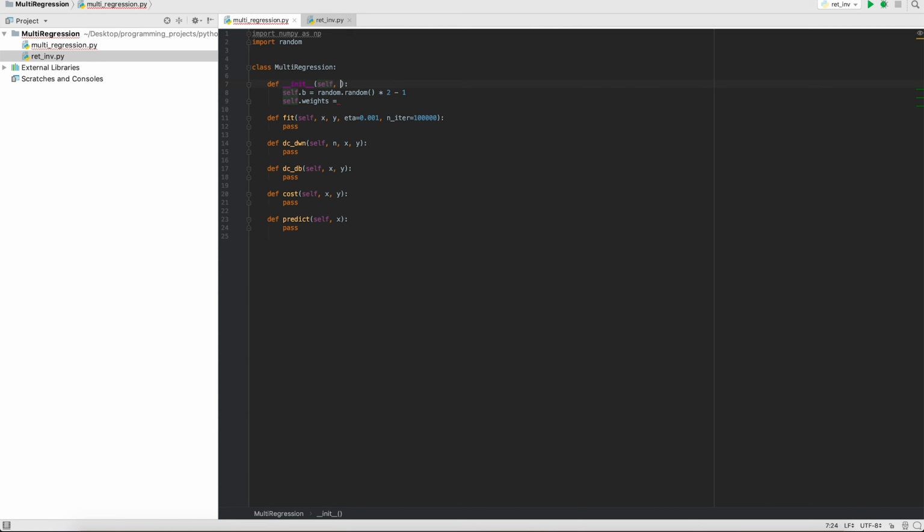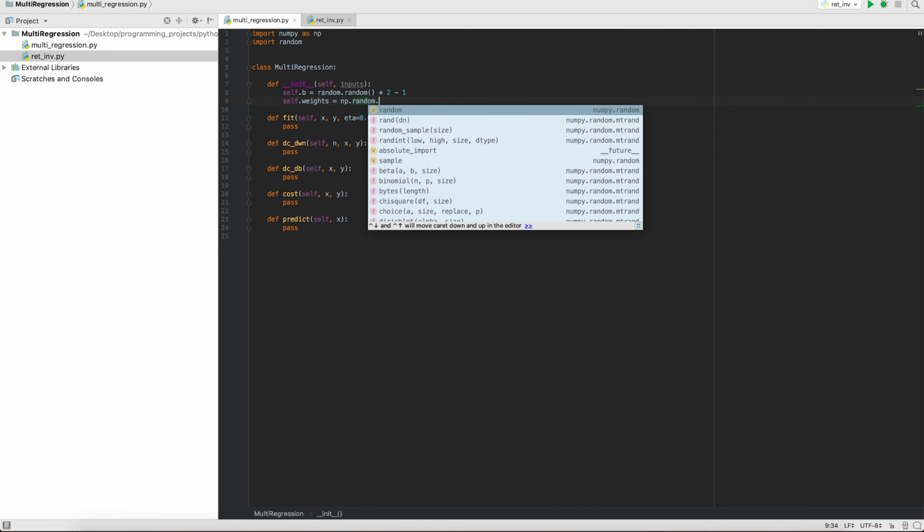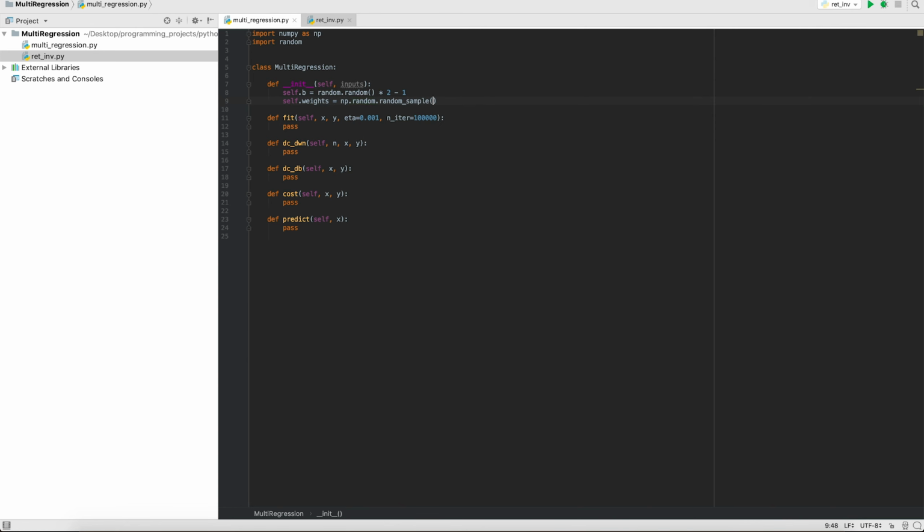Let me just call this inputs, and this will tell us how many weights are needed for this particular model. NumPy actually has a really cool function, random sample, that allows you to randomly initialize a sample of n values. Great, so this is all for our initializer.